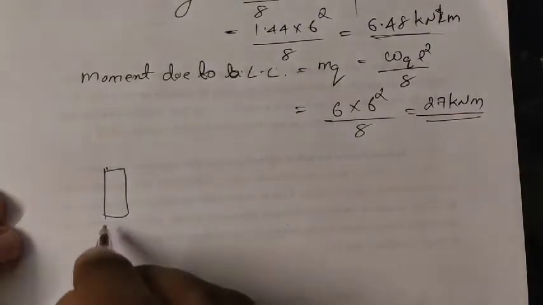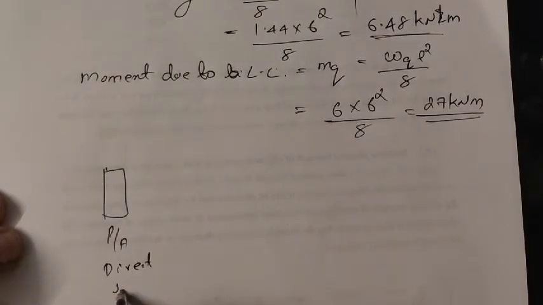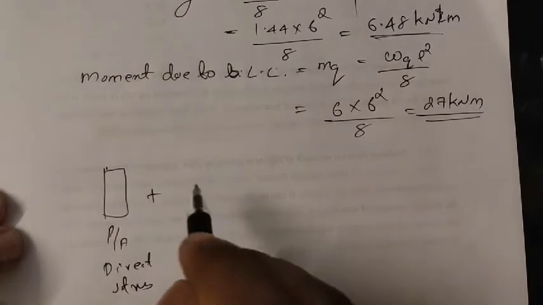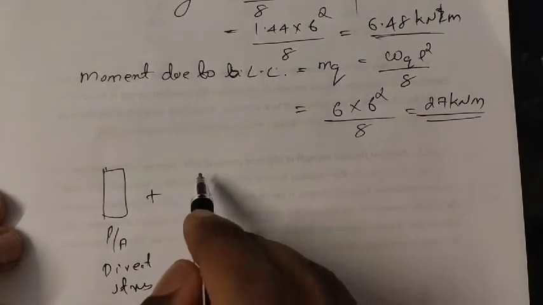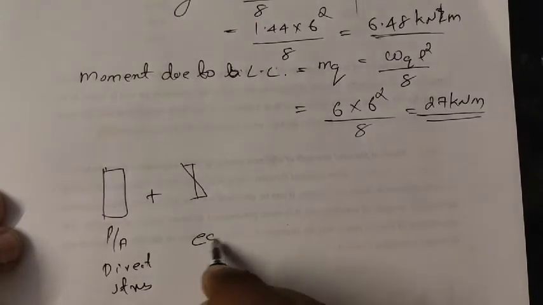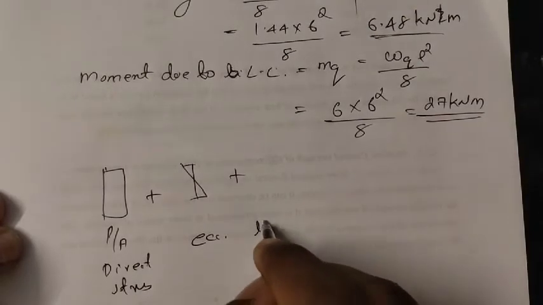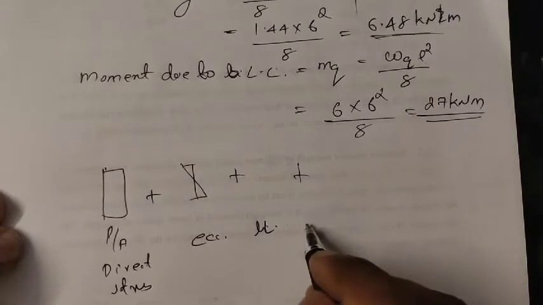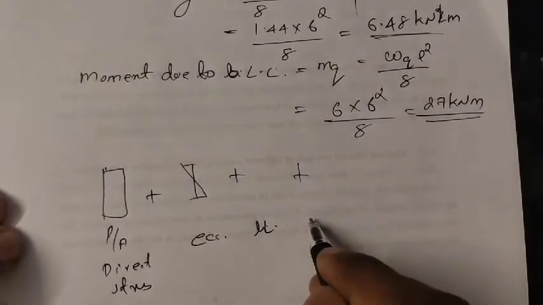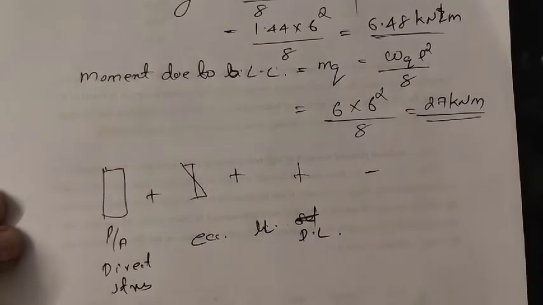First one, direct stress, that is P by A. Then the next one is due to eccentricity, then due to the live load, and next due to self weight, the dead load. Total will be the resultant. So first thing, we can calculate the direct stress.